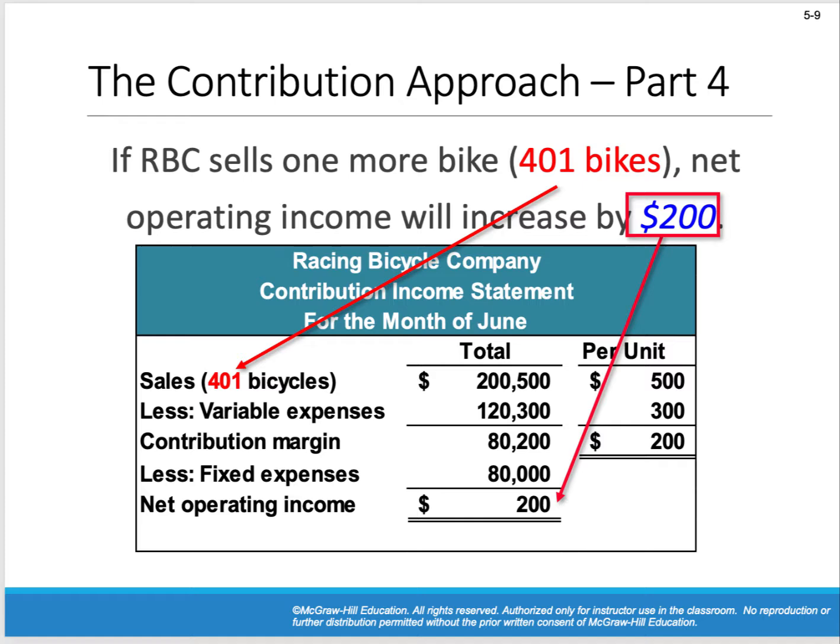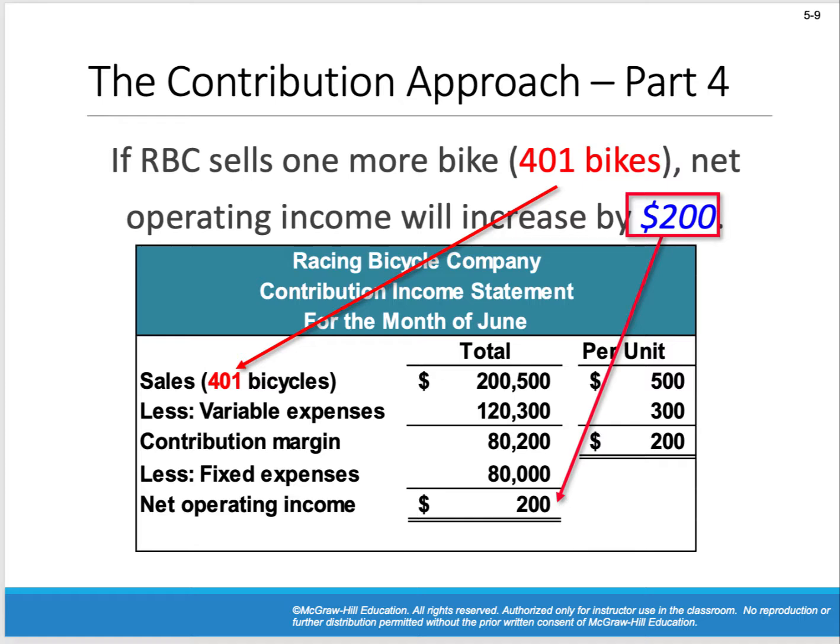Keep in mind that once we hit the break-even point, for any unit above that break-even point that we sell, the net operating income is going to go up by the per unit contribution margin.